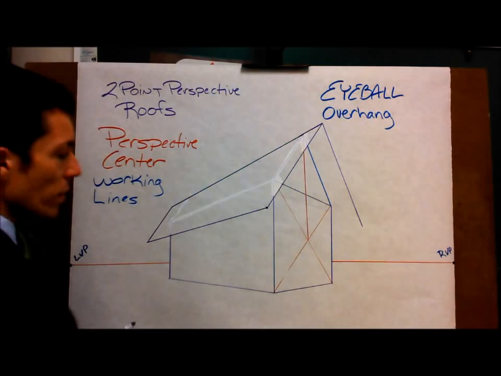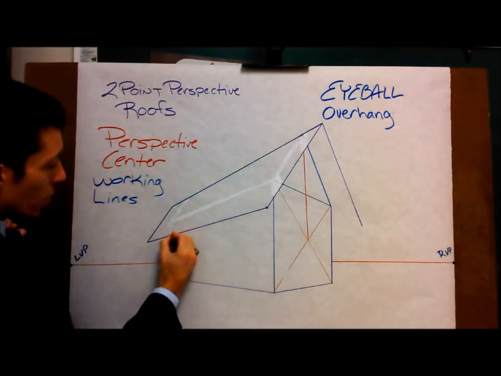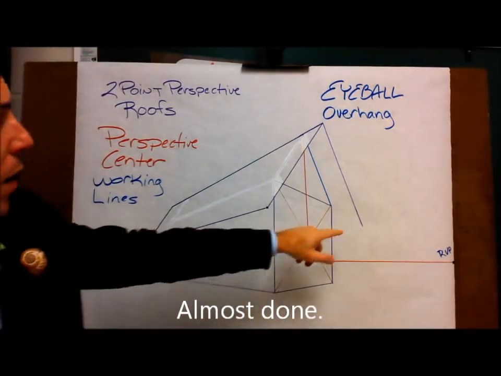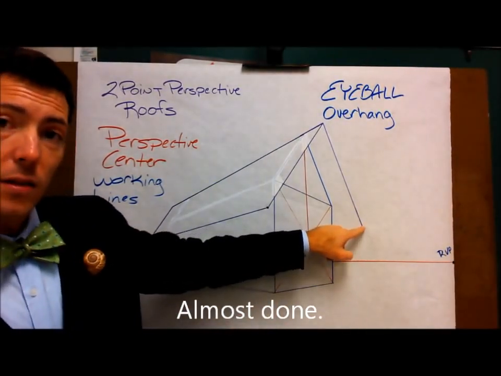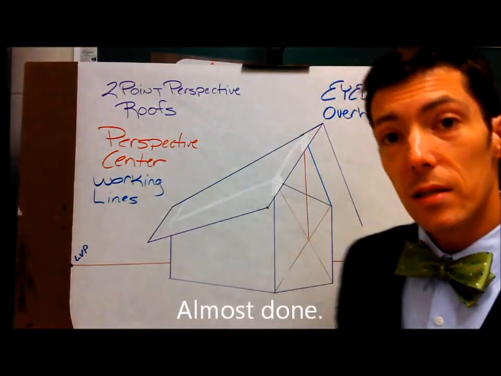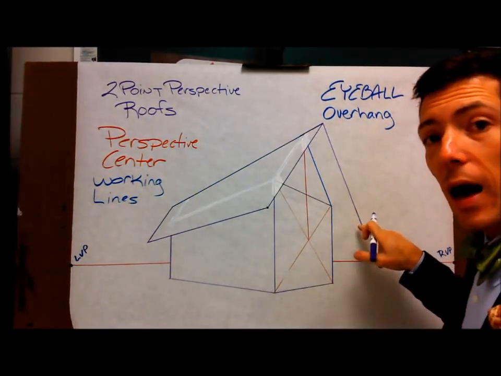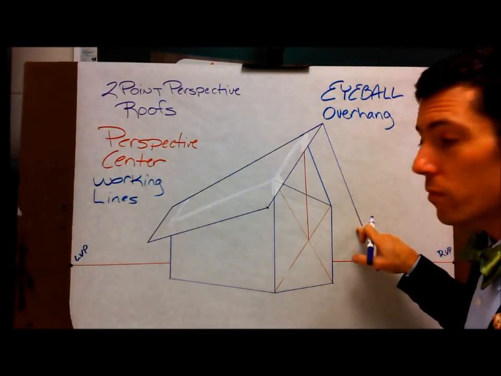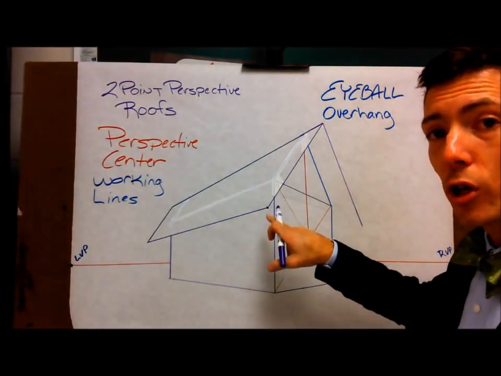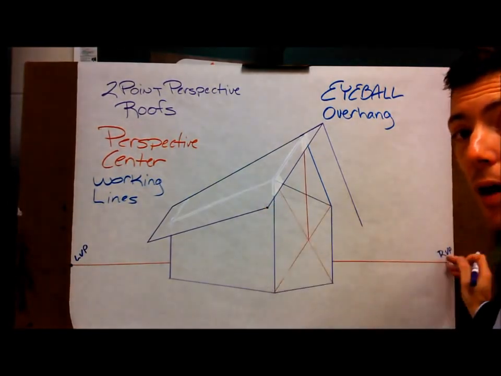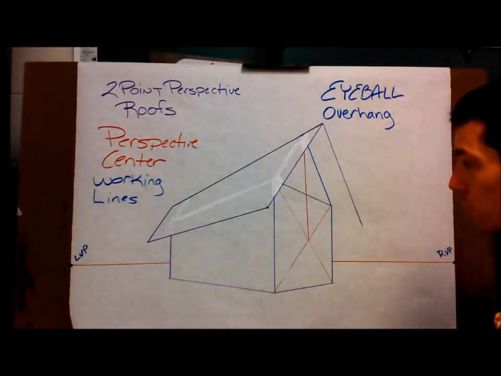And so now one side of my roof is all finished. Now I've got to get this line in. Where does this line end? Where is the bottom corner of this going to be? I'm going to determine that based on the relationship of this point here and my right vanishing point.